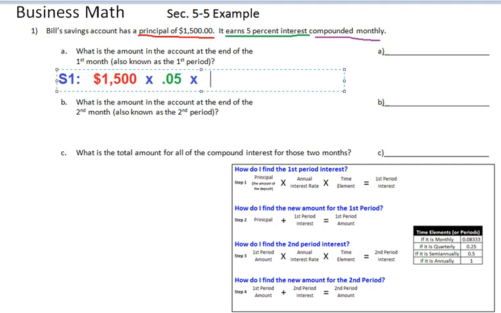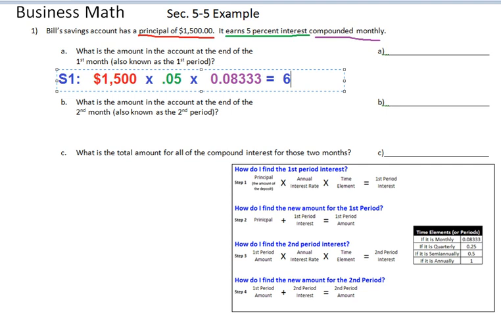Where do we get the time element from? It comes from this box down here, which my cursor is surrounding. We use the number for monthly, because it says monthly up above. That's 0.081233. We've got our formula all set up, and now we multiply it out.